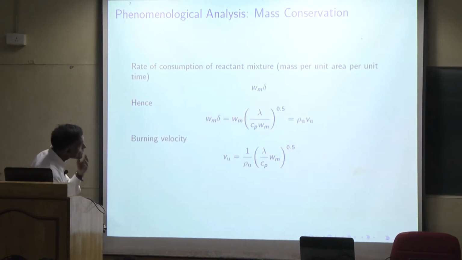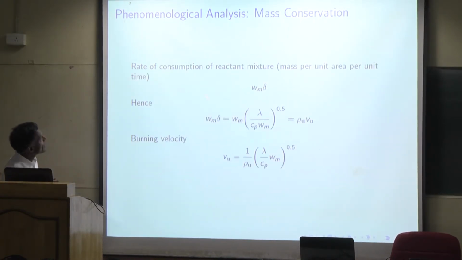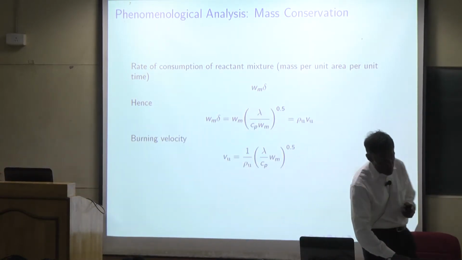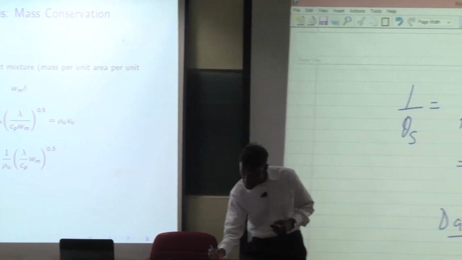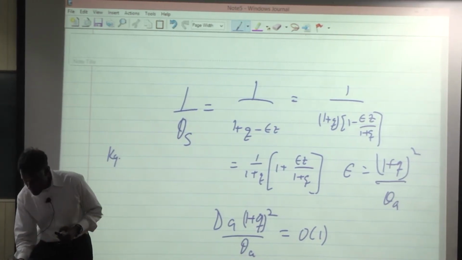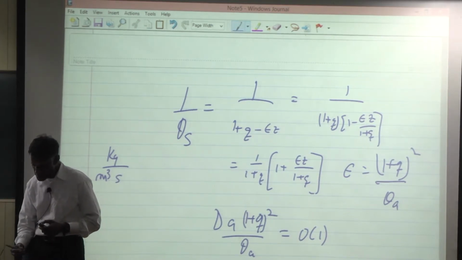So that's the thickness of the reaction zone. Now the rate of consumption of reactant per unit mass per unit area. As I said, Wm has units of kilograms per cubic meter per second.